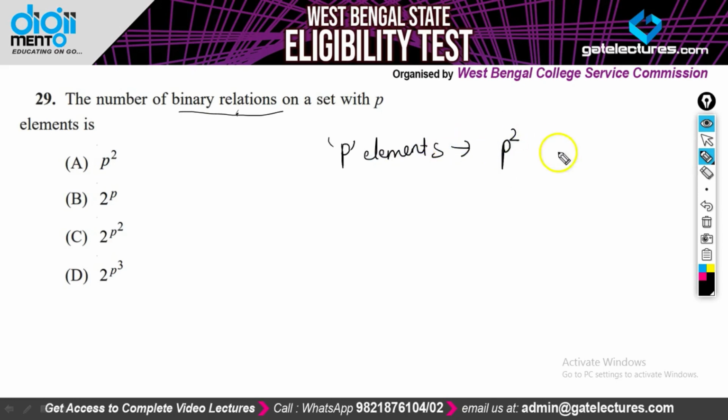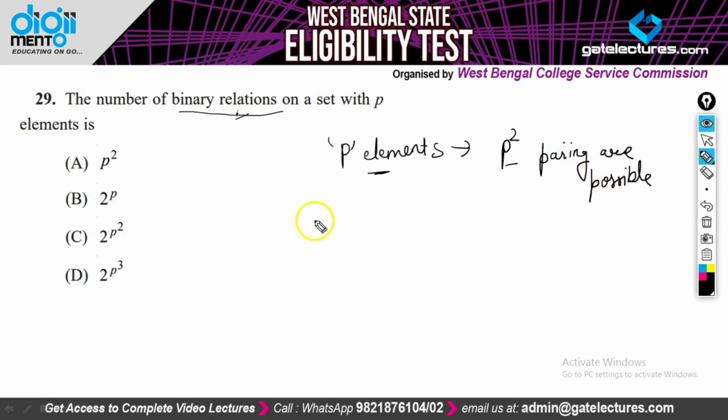P power 2, obviously. Pairings are possible, right? Why? Because we have p elements and it is a binary relation, so p power 2 pairings are possible with that.